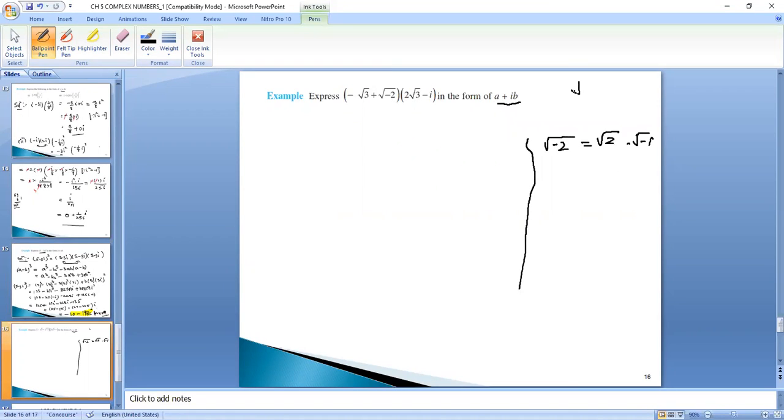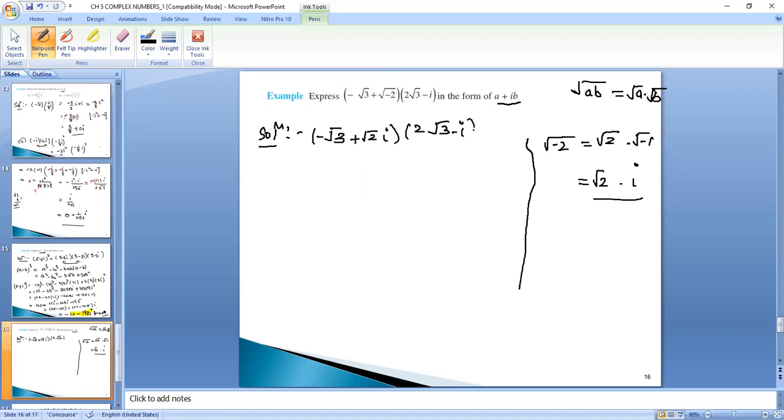We know that √(ab) can be written as √a into √b, which is √2, and √−1 we are writing as i. So here I will write it as (−√3 + √2 i)(2√3 − i).